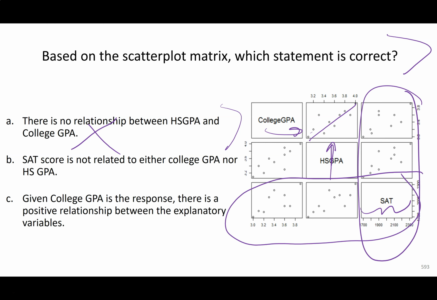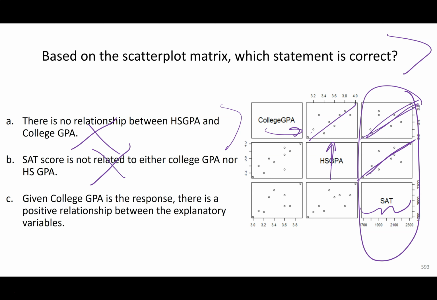Quite honestly, it doesn't matter which you look at. They're going to be very related to one another. So I'm going to focus here. I would argue as SAT score goes up, the high school GPA seems to go up. I would probably argue even as the SAT score went up, the college GPA went up. So I would argue that this is not true, that SAT score is unrelated to high school GPA and unrelated to college GPA.